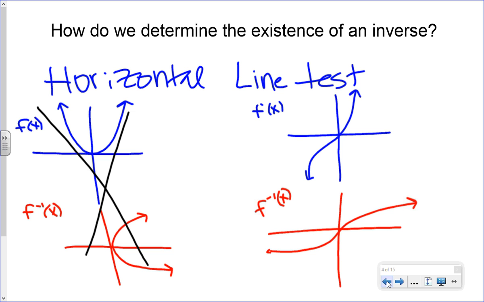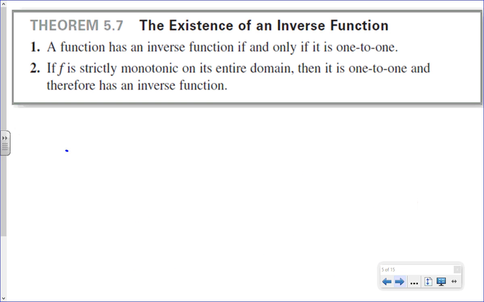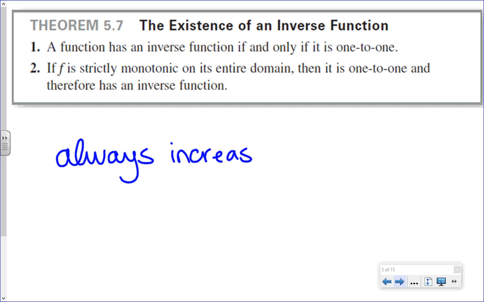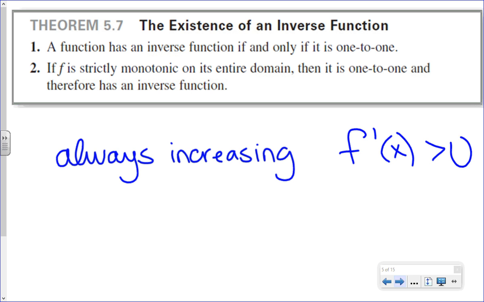Okay, now if I wanted to verify that our function was always increasing, what would need to be true about our derivative? Our derivative would need to always be positive. Okay?